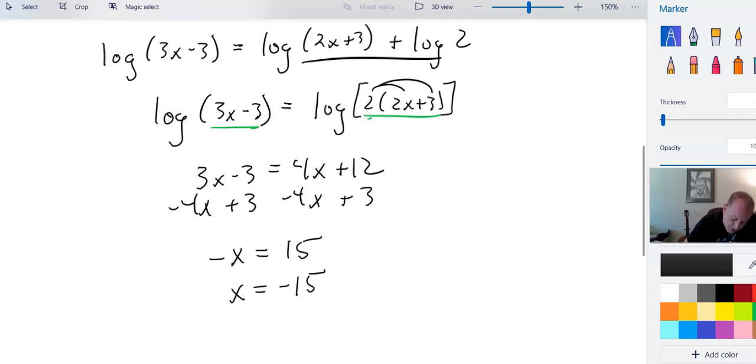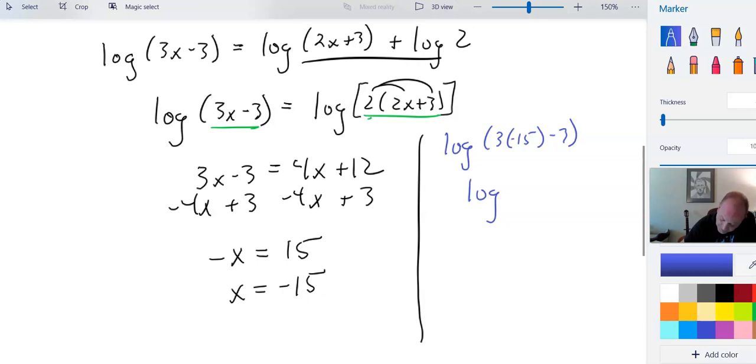Okay, so let's now check to make sure they don't cause any problems in our logarithms. So if I have log of 3 times negative 15 minus 3. Let's see, 3 times 15 is 45. So it's negative 45 minus 3. That's the log of negative 48.